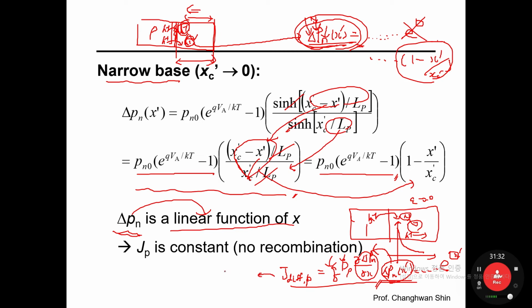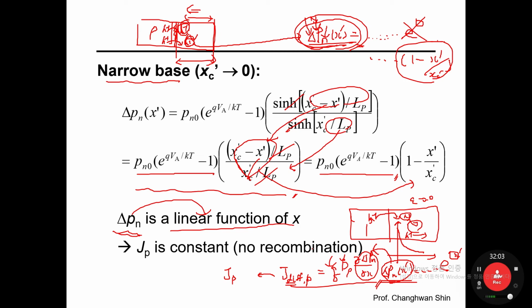Afterwards, in the third step, we derive the total current density by defining that the diffusion current component at the edge of the n side is identical to the diffusion current value at the depletion region edge on the p side. I mean, no recombination happens across the depletion layer.